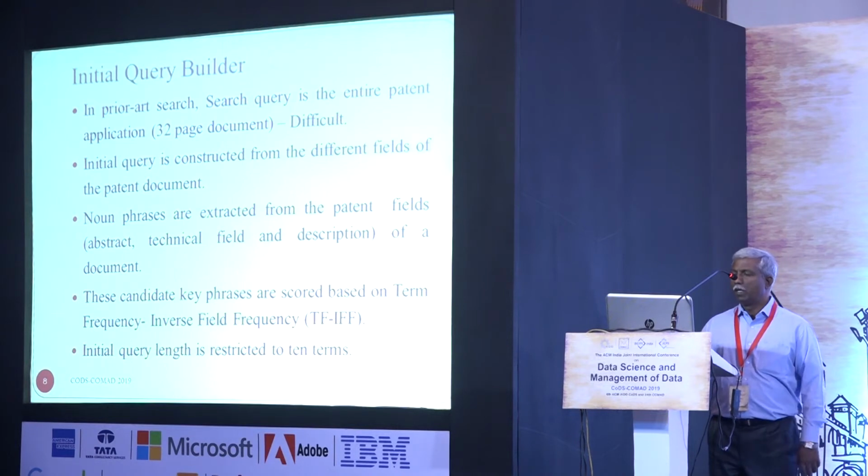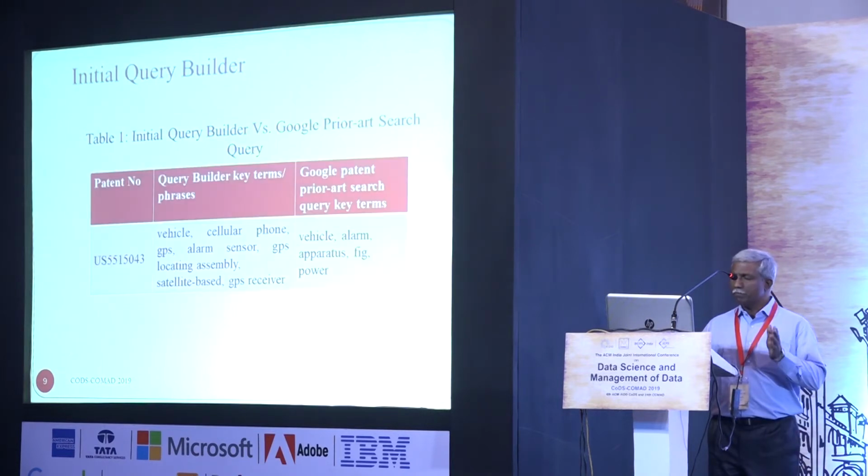For the initial query builder, if you consider the prior art search, the entire document is likely to have around 32 pages, so it is very difficult to take all the content and give it to the tool. So we identify the noun phrases, and these candidate phrases are scored based on TF-IDF and so on.